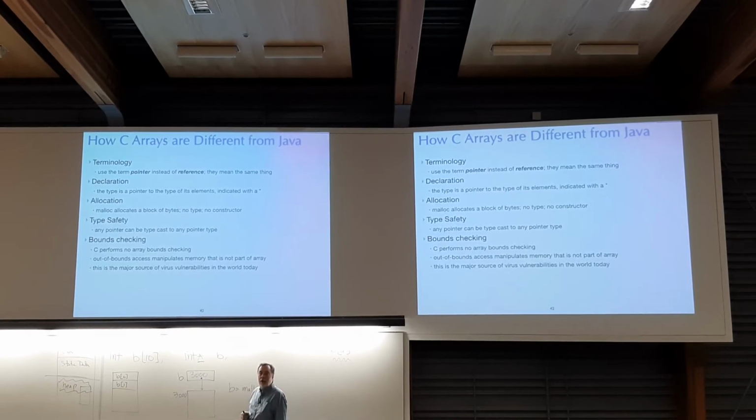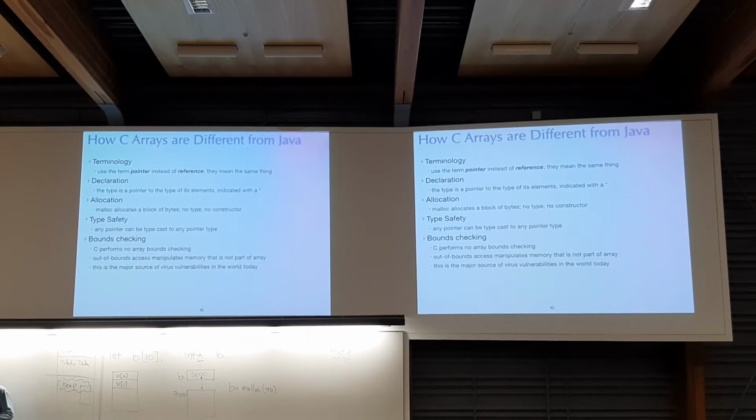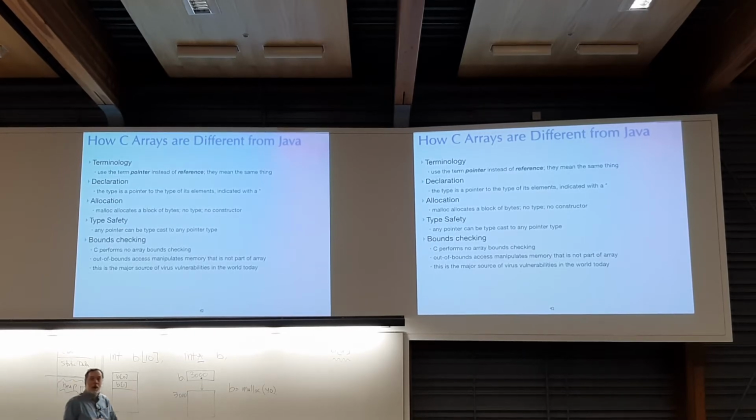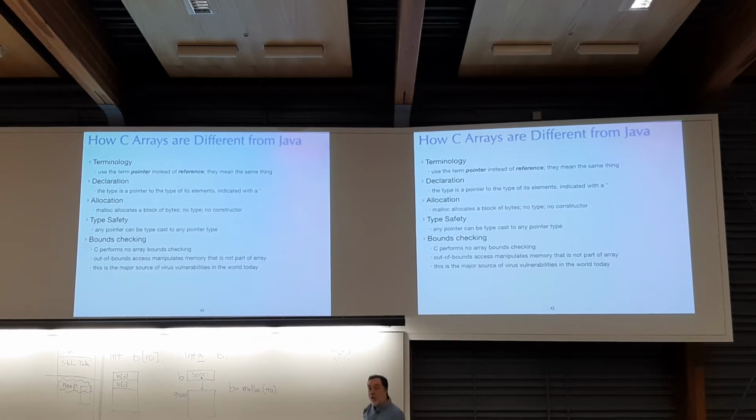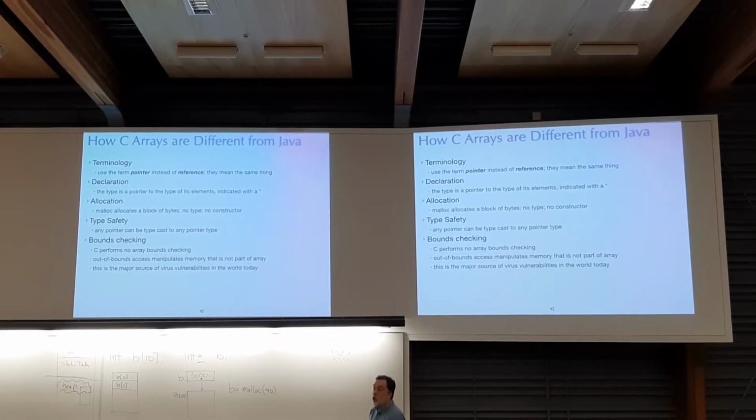And in C, there's actually no difference. If you have a pointer to an integer, it's just like having a pointer to an array of one integer. We'll talk a little bit about these things in just a second. The way in C that we get a reference, a pointer, is with the star, so you put a star anywhere you want. We talked about the difference already between new and malloc, so that's that point.